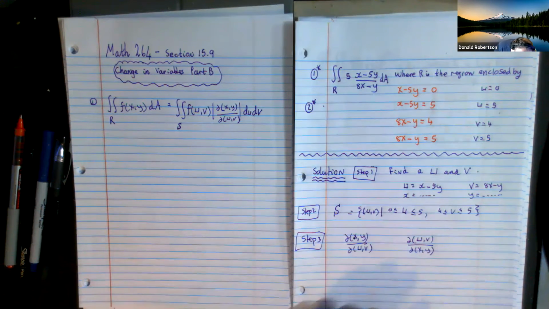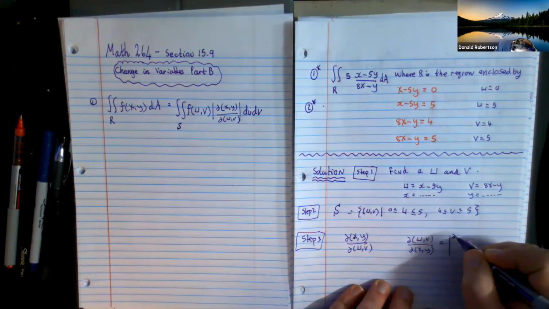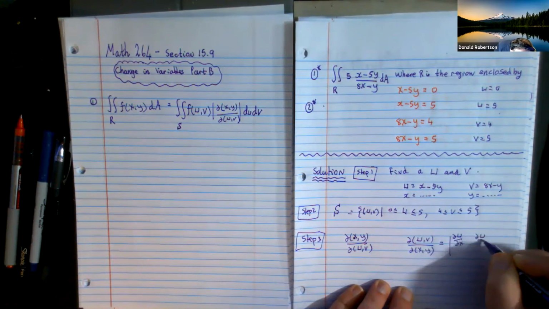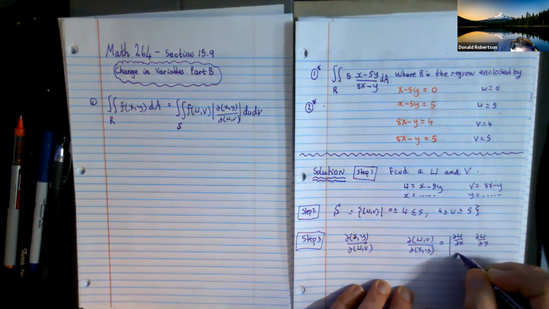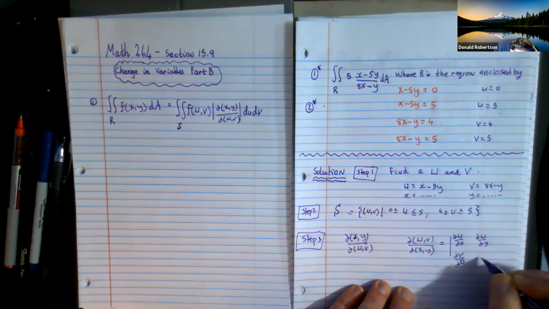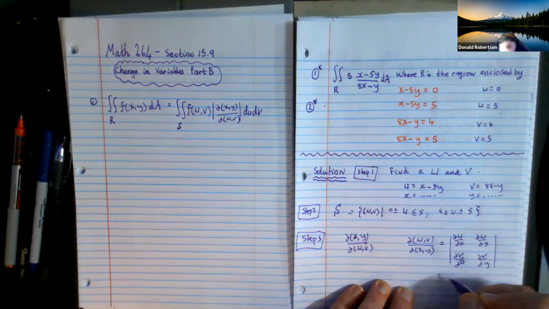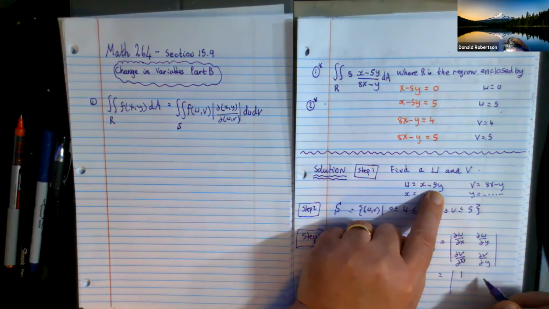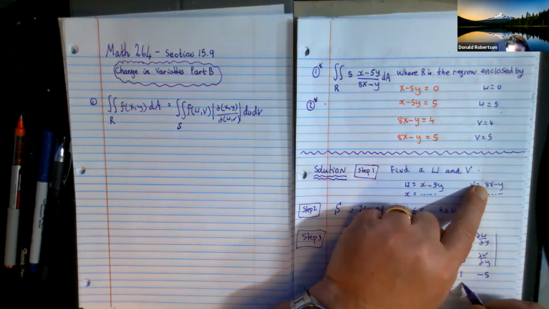So let's see what this looks like. It's the partial derivative of U with respect to X, and then with Y, and the partial derivative of V with respect to X, and then with Y. Okay, you differentiate this with X, you get 1. You differentiate this with Y, you get -5. You differentiate this with X, you get 8.